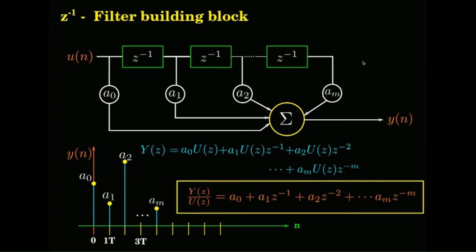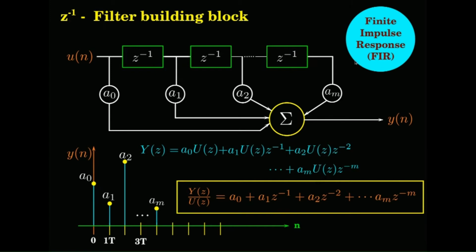So, in the signal processing literature, you will see that this is called an FIR filter. But for us, we do not really go by whether it is an FIR filter or an infinite impulse response filter or anything. We just go by these transfer functions.